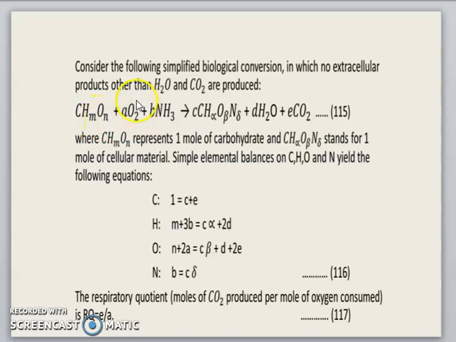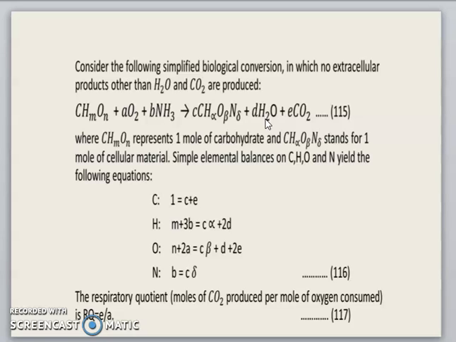If required, oxygen, so there will be oxygen and the nitrogen sources. The product will be the biomass, which is the microbes, because there will be growing of microbes. And then there will also be product, and then the releasing of CO2 and H2O.